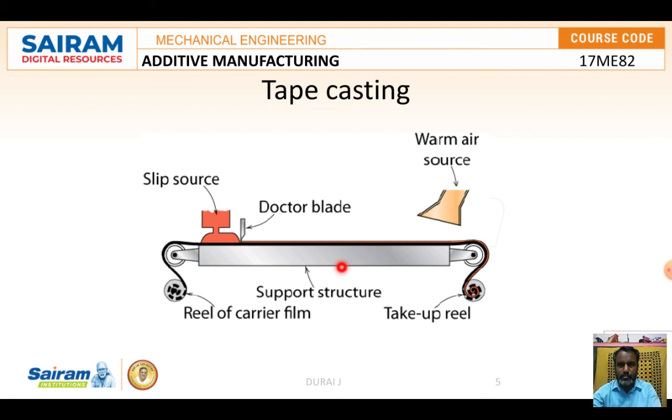It is also used for capacitors and dielectric components. So these are all the things that can be made with this tape casting method. Okay, so with that, the casting topic is done.